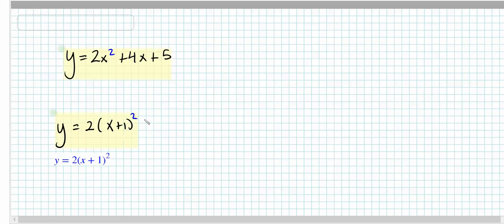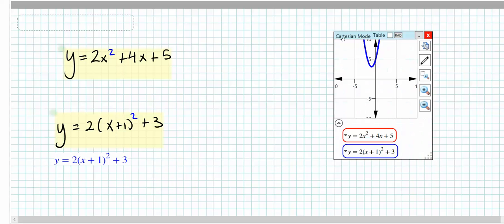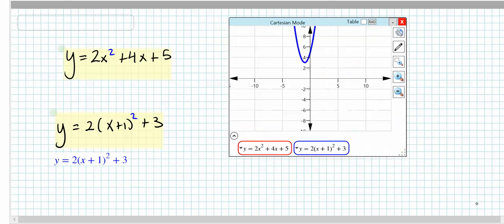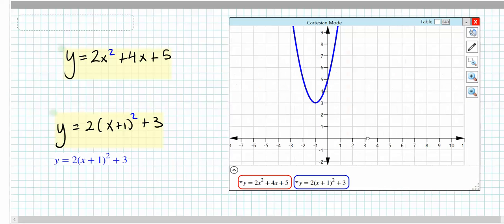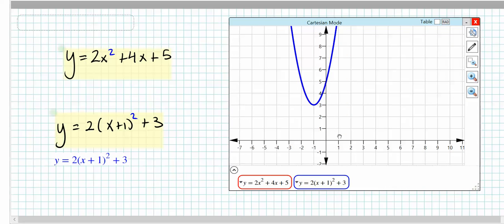When I graph, oh look, I only see one, because they represent the exact same thing. Look where the vertex is: (-1, 3). They are identical. One's just in a different form of the other. So the way that you do that, turning standard form into vertex form, is by the process of completing the square.